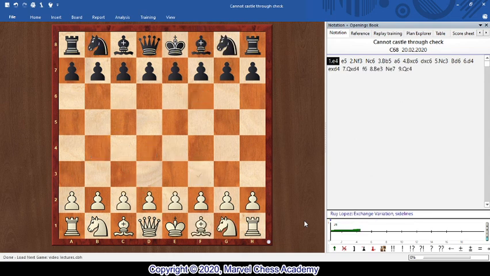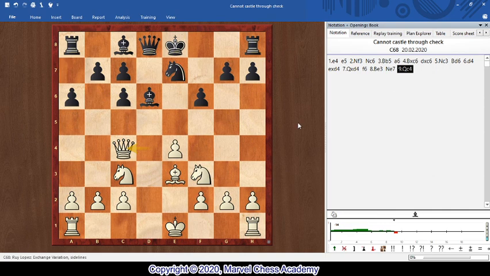The second condition is you cannot castle through squares which are under attack. The king cannot castle through attack. Okay, let's see this position. Here, the black king would like to castle short. However, the square on g8 is under attack by the white queen on c4.